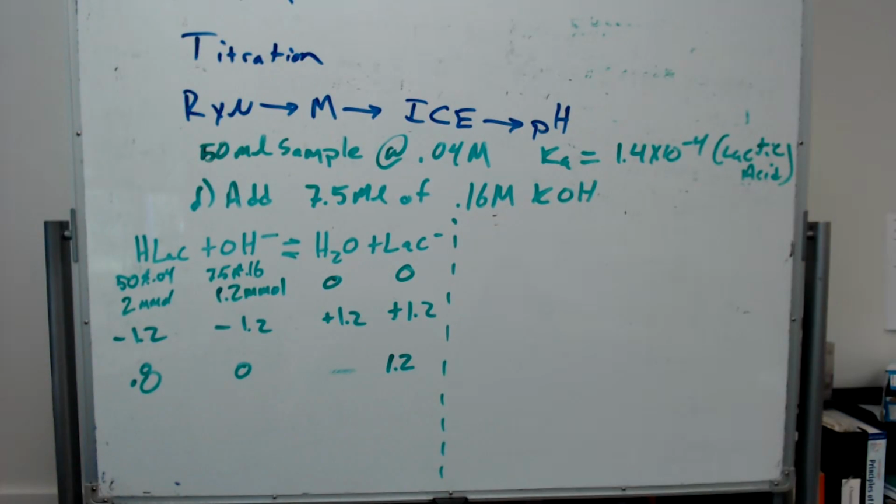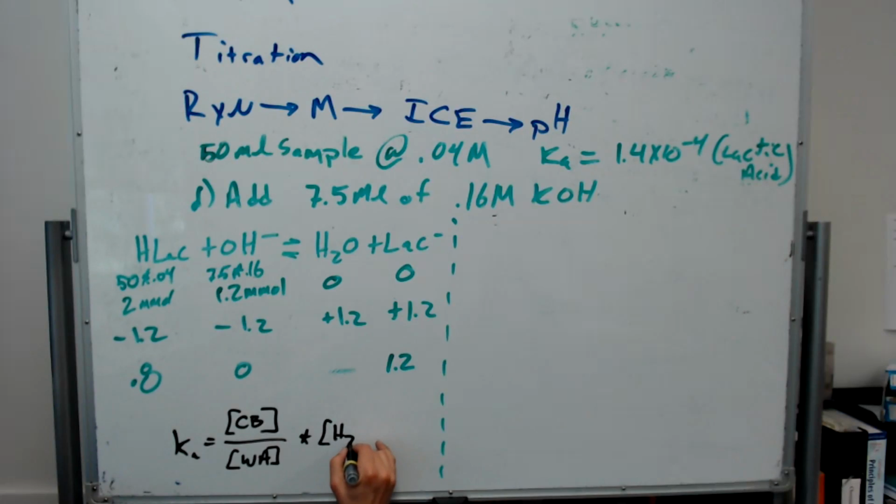Yeah. If you can't remember the Henderson-Hasselbalch, we know we're going to get to, I'm going to put it down here at the bottom, Ka equals concentration of conjugate base over concentration of weak acid times H3O plus. We know we're going to get to that.